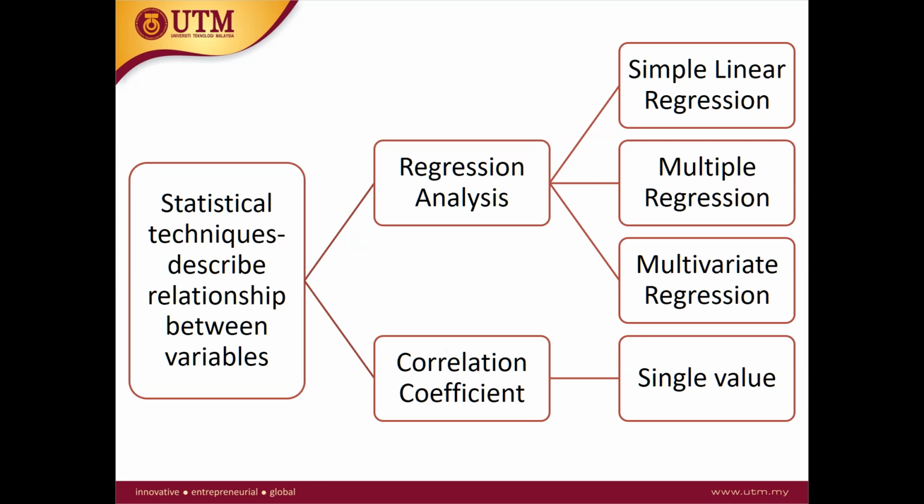Regression analysis models the relationship between the response variable, which is y, and the predictor variable, which is x. We call the x variable the independent variable, and y is the dependent variable.